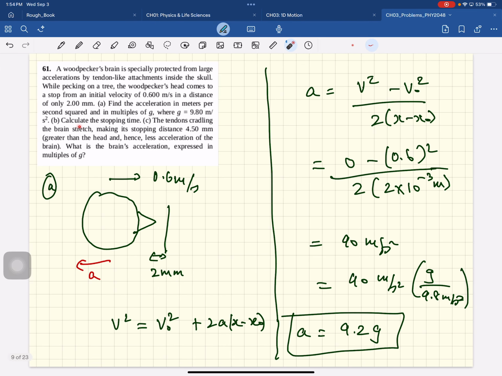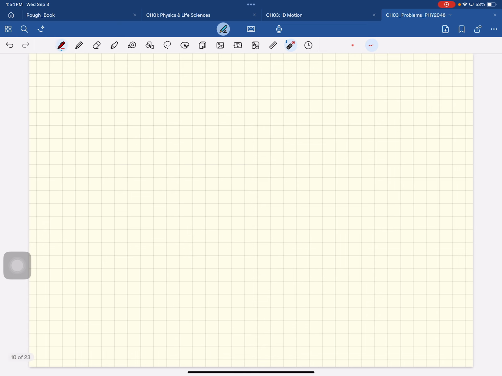Okay, so we'll calculate the stopping time. You see, the smaller the acceleration, the greater the stopping time.